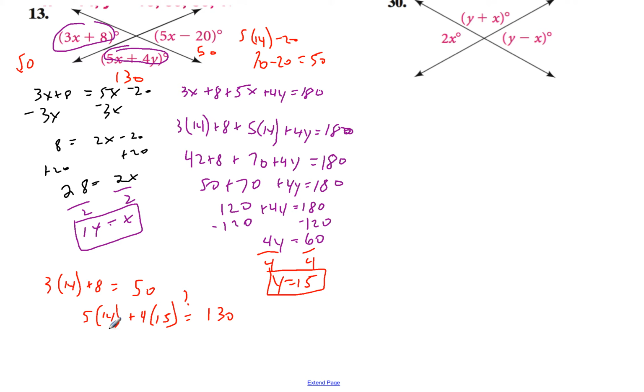So again, 5 times 14 is 70, plus 4 times 15 is 60. Is this equal to 130? Well, yes, 70 plus 60 is equal to 130. 130 is equal to 130. So my answers of x equals 14, y is equal to 15 are correct. And here are the values of the angles: 50, 50, and 130.